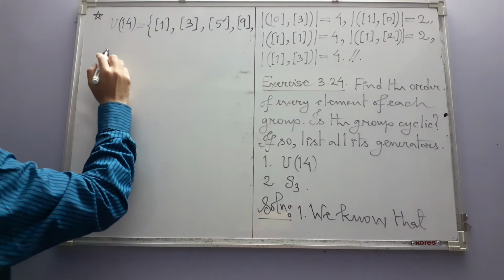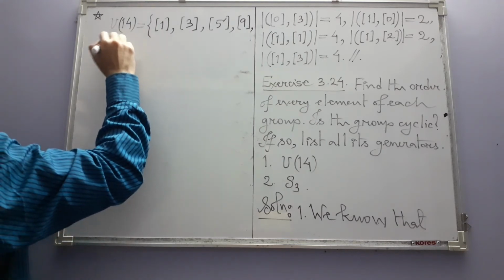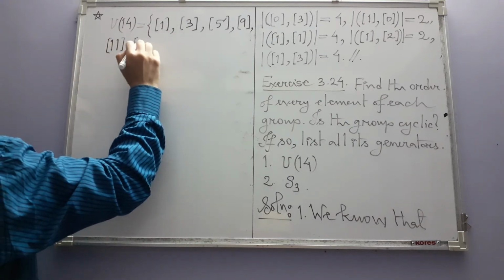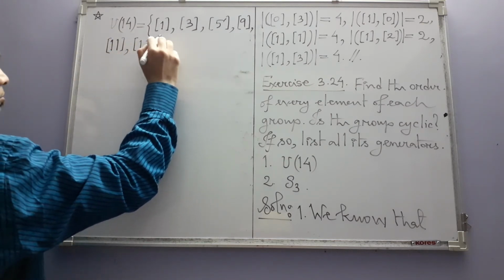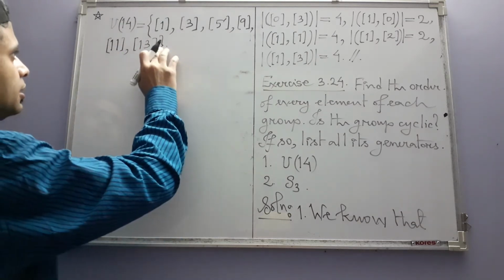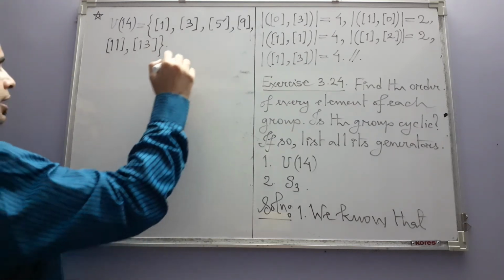What next? 10 is not an option. 11. 12 is not an option. 13. In order to see if you have got all the elements, you just calculate.